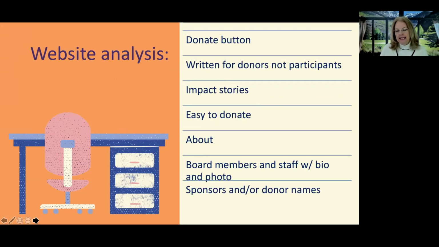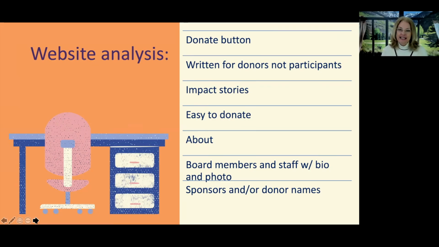So let's move to talking about your website. Now, the website needs a donate button. I know nonprofits get really nervous about putting up a donate button, but you've got to help people who come to your website know how to give you money.